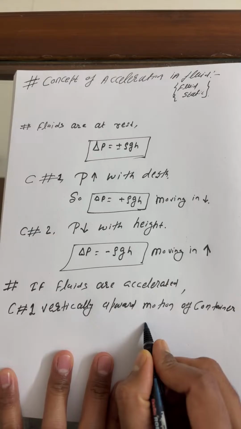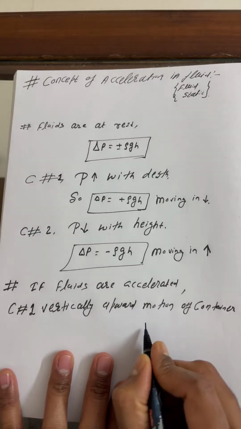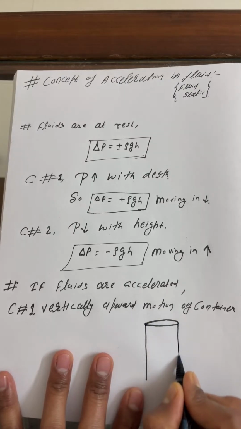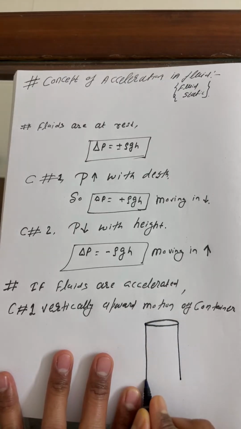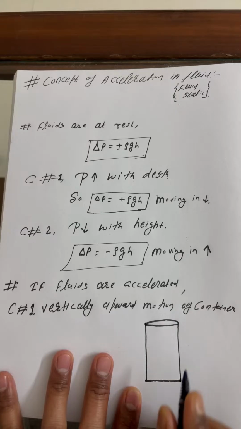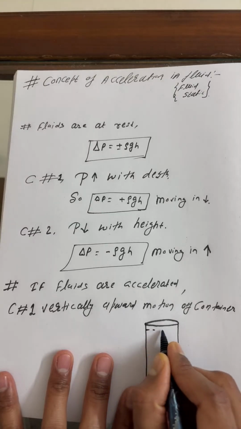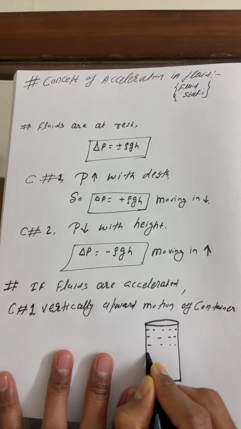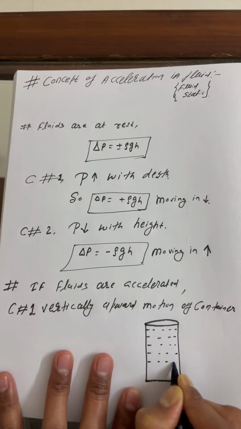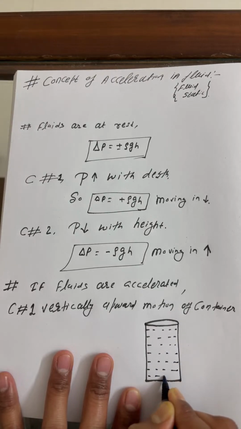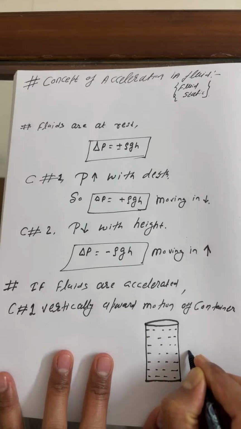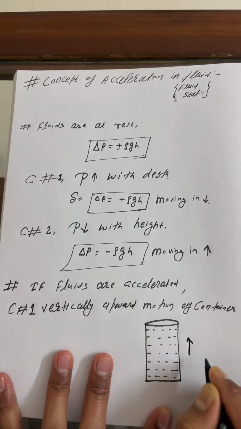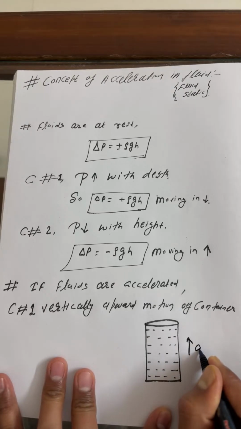Now, students, let us suppose I'm considering a container which is filled with water. You can see water filled till the neck of the container. And the container's motion I'm considering is in the upward direction with acceleration a.